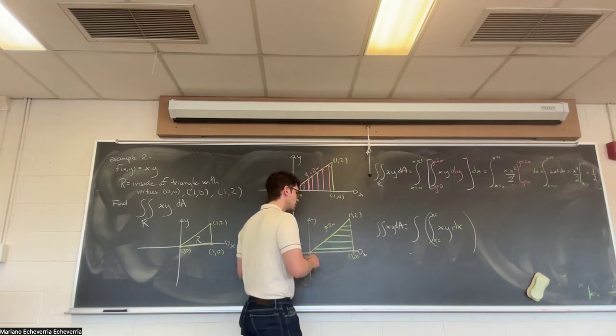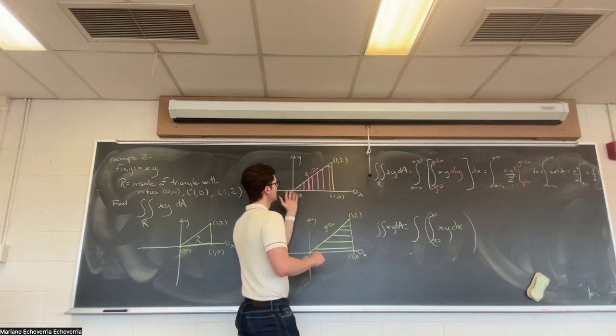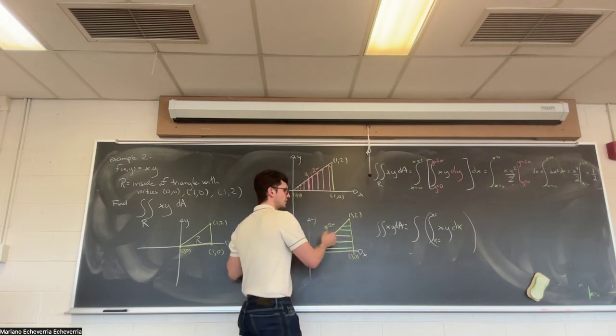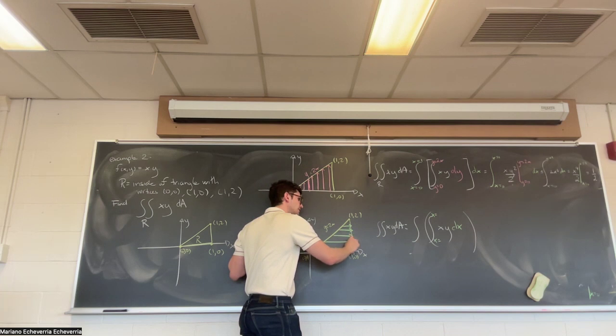So one way to think about finding the bounds here is analogous to the previous case, where you can draw some arrows. Instead of drawing them as segments, draw them as arrows. Now the arrows are moving horizontally.